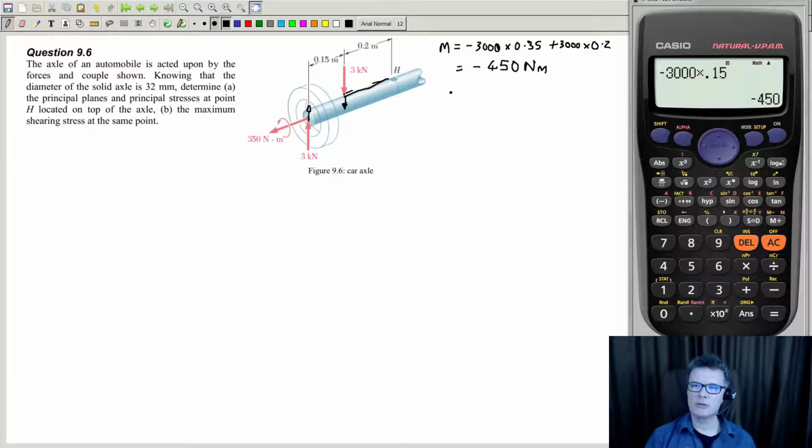The other effect will be a torque, which we're given, of 350 Newton meters.